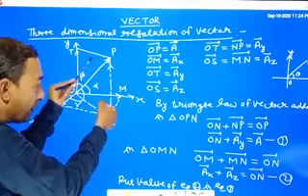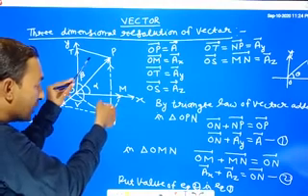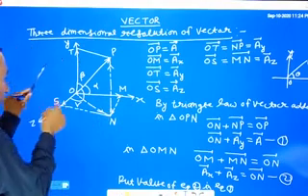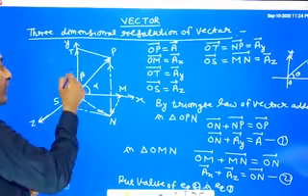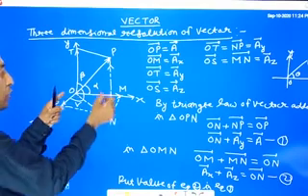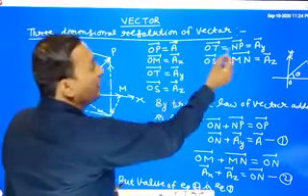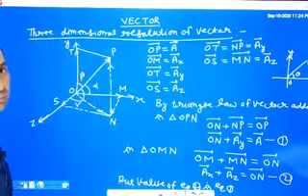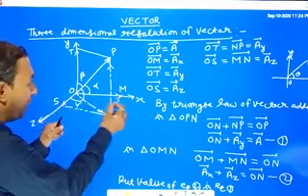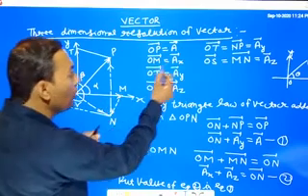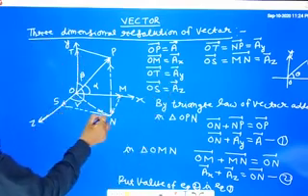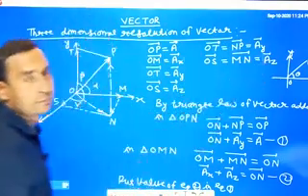Then we draw perpendiculars from N to the x axis and z axis. Then the component on the y axis is OT, and OT is equal to NP here. So OT and NP are Ay, and OM is equal to Ax, and OS or MN is equal to Az here.